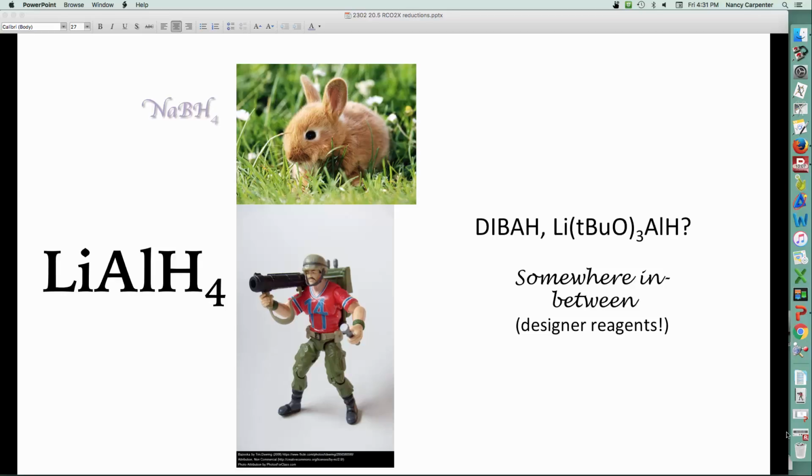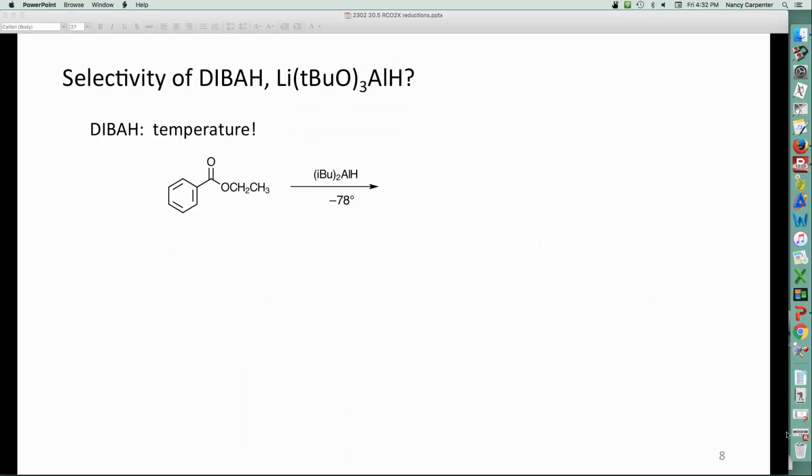So what about those other funky reagents? Well, the funky reagents that are in Chapter 20 are DIBAL, diisobutyl aluminum hydride, and this lithium tri-tert-butoxide aluminum hydride, and those are just kind of complex designer reagents, just like we designed PCC in the selective oxidation reagents, that are designed to be able to achieve that selectivity of stopping at the aldehyde.